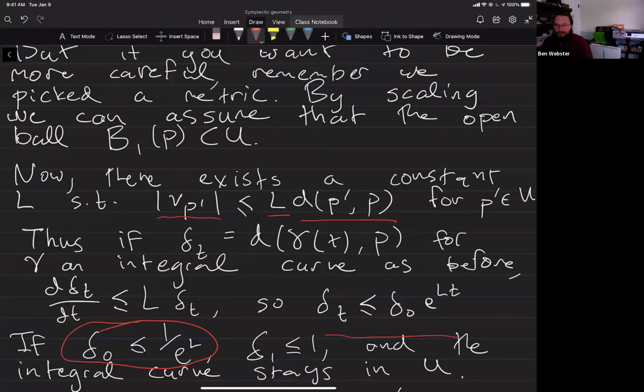And I can only be moving away from the origin as fast as the length of my velocity vector. So the fastest I could possibly be moving away from the origin is multiplying my distance by e to the LT. Okay, thanks. Which is moving away from the origin pretty fast, but it's not infinitely fast. So somehow I can get further away, but I can't explode off to infinity in a finite amount of time. And that's the thing I needed to worry about before.